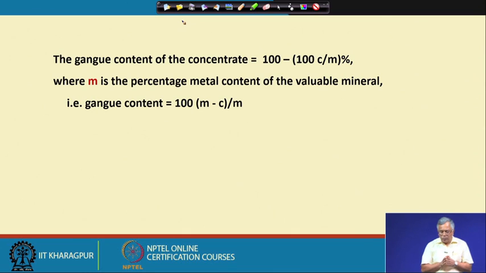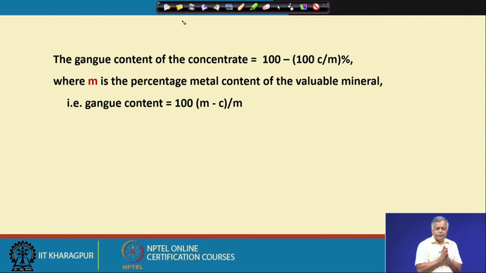Now, if I look at the stoichiometry, what is the maximum possible Fe you can have in any hematitic ore? How do I calculate it? To calculate it, I first have to know the atomic weight of Fe.